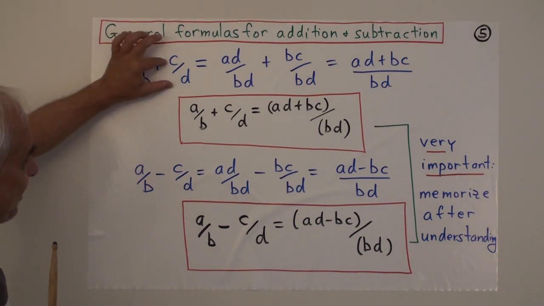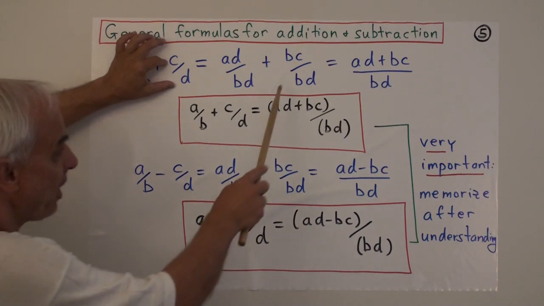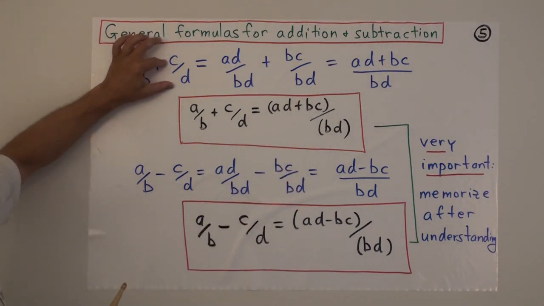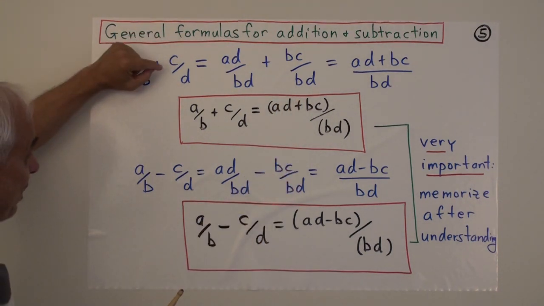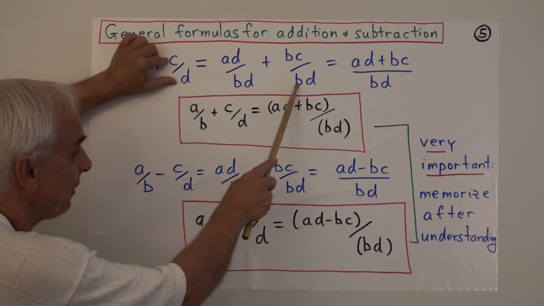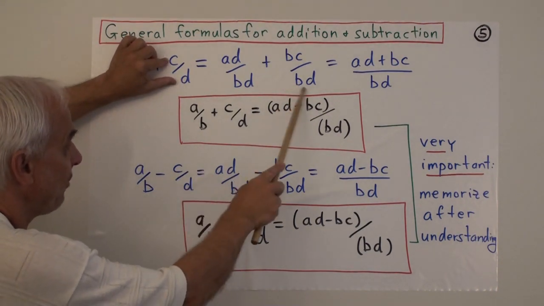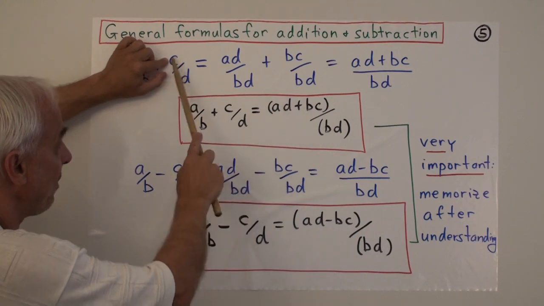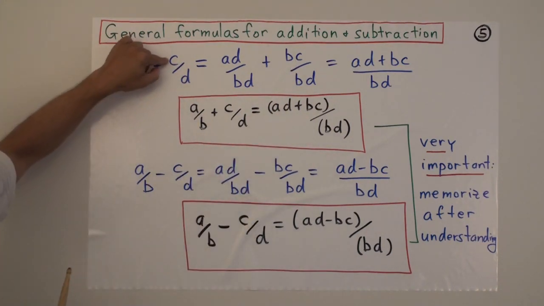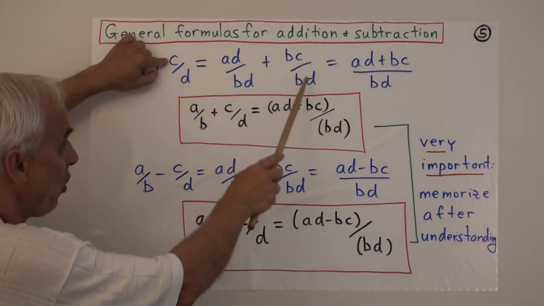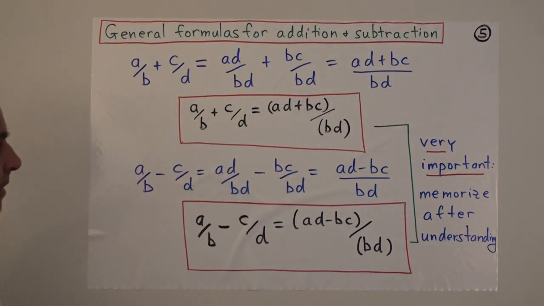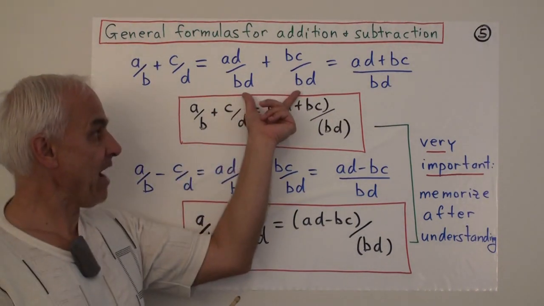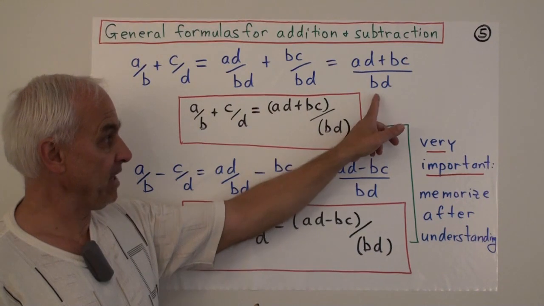Similarly, if we want to take this abstract fraction, C over D, and convert it into one that has denominator BD, then what we're doing is we're multiplying top and bottom by B. If we're multiplying the denominator by B, we have to multiply the numerator by B as well, getting BC over BD. Now at this stage, they have the same denominator, namely BD.